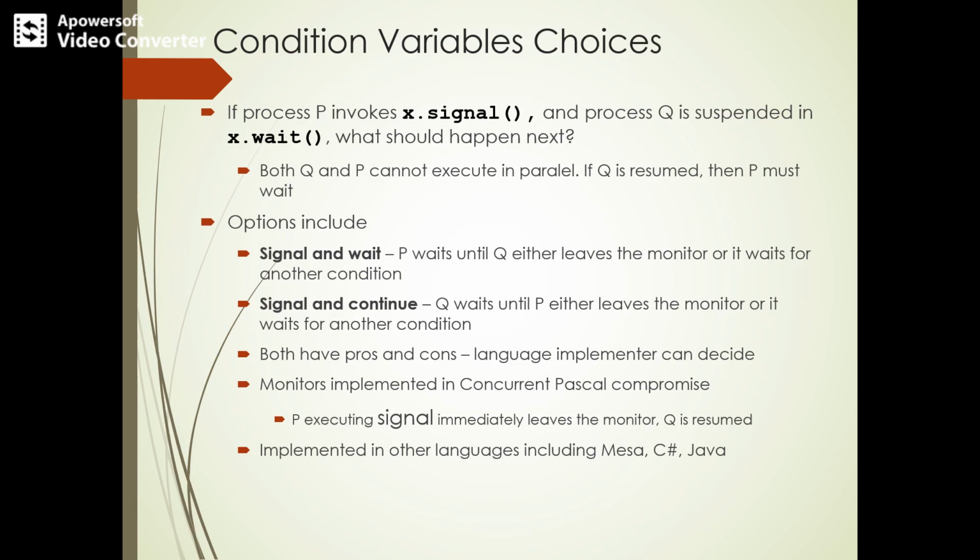But the options are signal and wait or signal and continue. P either waits until Q leaves the monitor or it waits for another condition. That is in the case of signal and wait. And in signal and continue, Q either waits until P leaves the monitor or it waits for another condition.